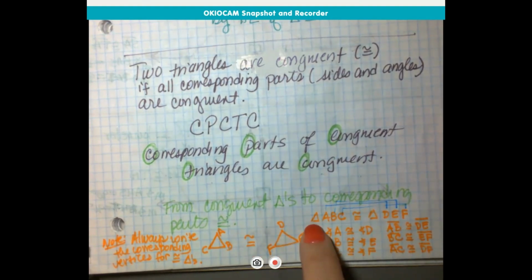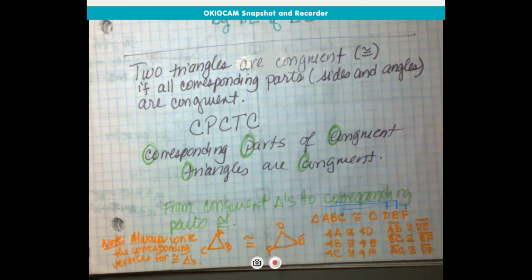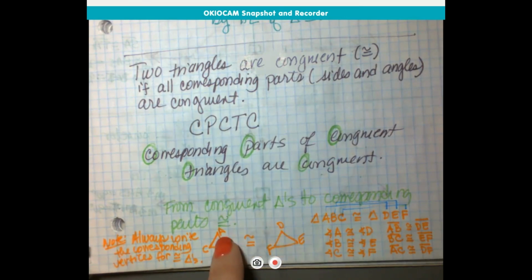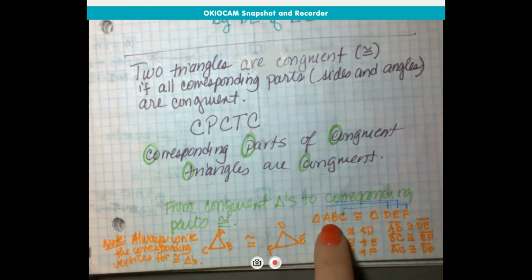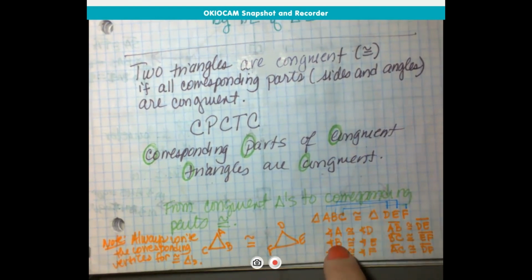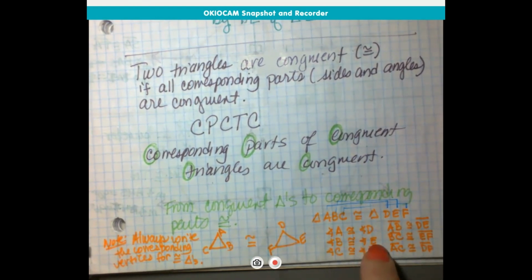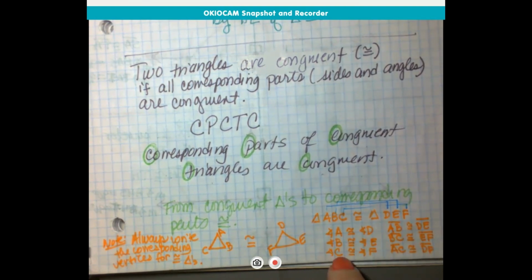The other thing you need to notice is that when you're naming segments or angles, the corresponding vertices need to match. If A corresponds to D, anywhere you write segments or angles, A needs to correspond to D. If B corresponds to E, B needs to go with E. And if C corresponds to F, anything you write needs to say C goes to F.